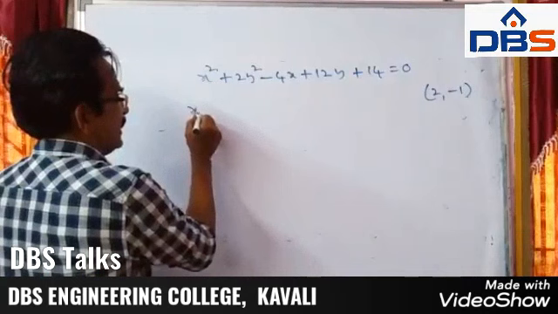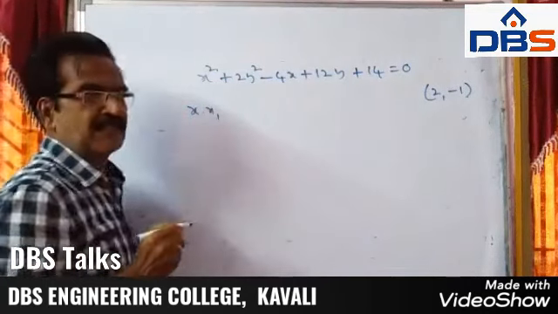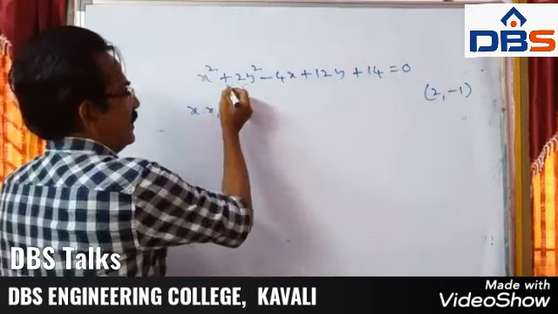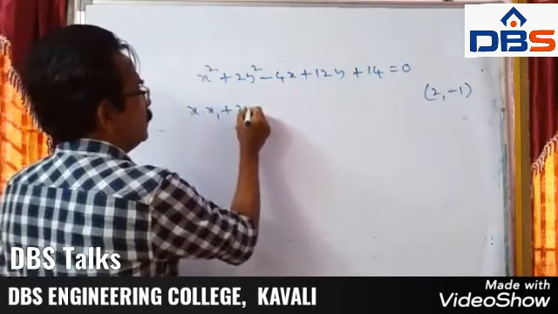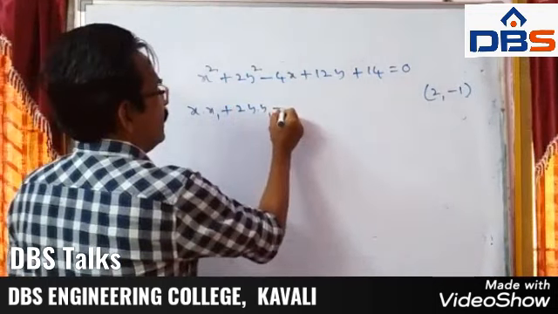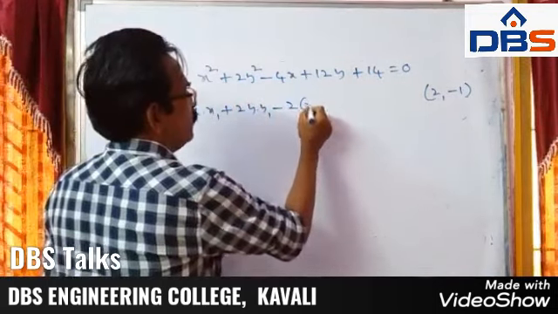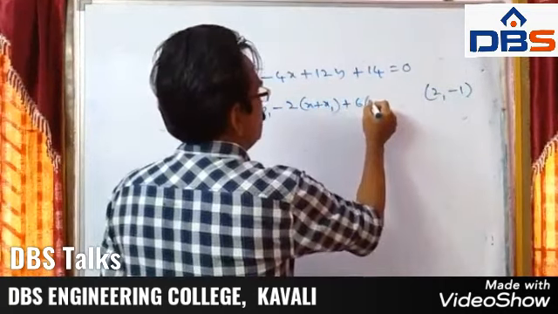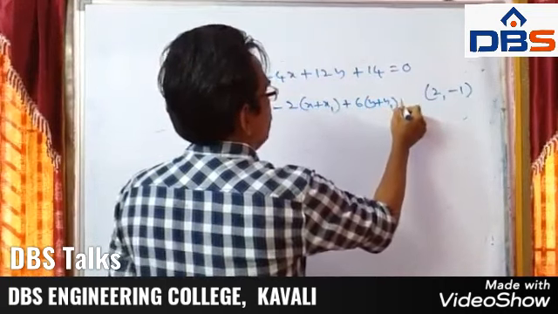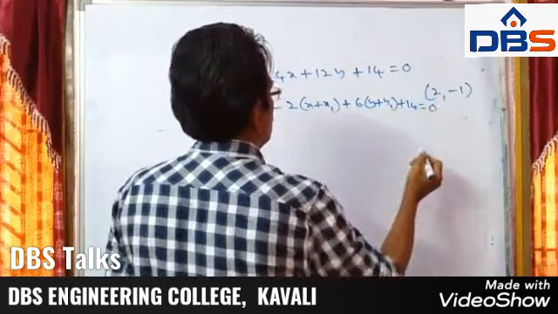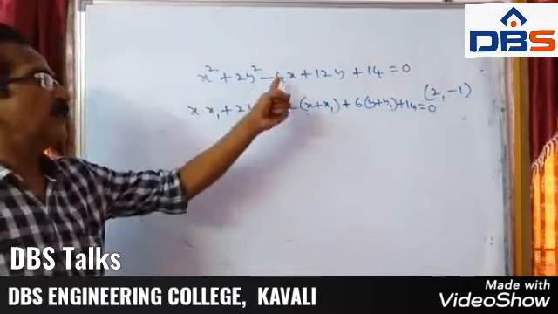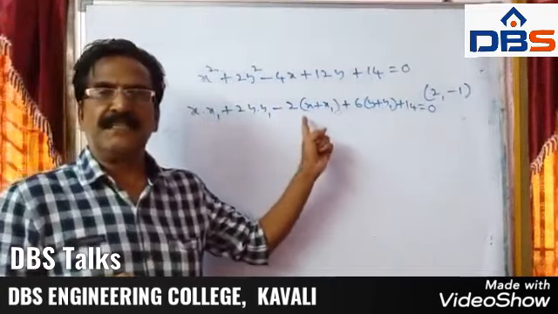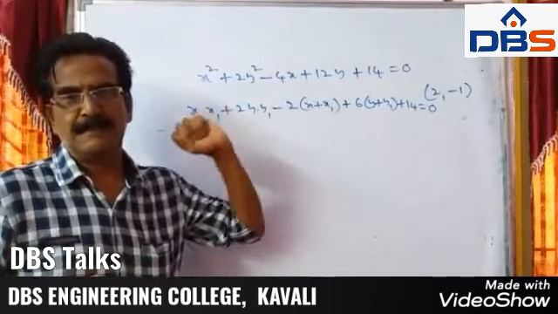I am writing the equation of the tangent, friends: x into x1 plus 2y into y1 minus 2 into x plus x1 plus 6 into y plus y1 plus 14 is equal to 0. So this is the equation of the tangent to this ellipse.